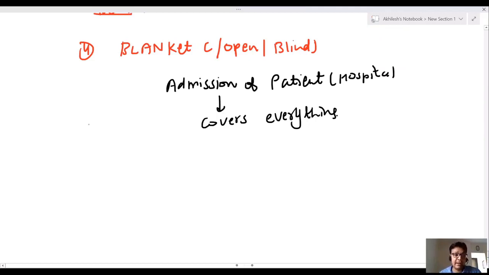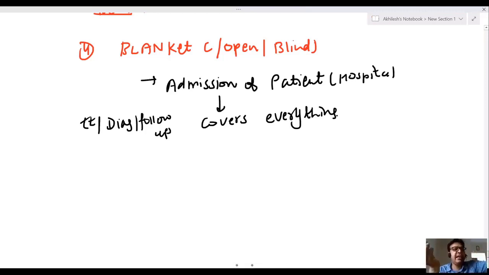But sir, now treatment, diagnosis, follow-up, everything is covered in the single consent. Once you give consent for admission in the hospital, that covers everything going forward. That is a blanket consent.